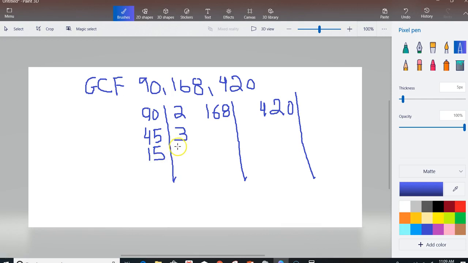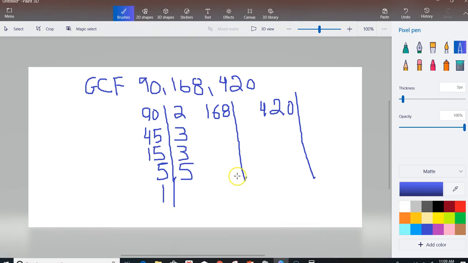We know that 15 is divisible by 3 because if you add 1 and 5, that will give us 6. 15 divided by 3 is 5. And then we know that 5 can only divide by itself to get 1. The prime factorization of the number 90 is 2 times 3 times 3 times 5.